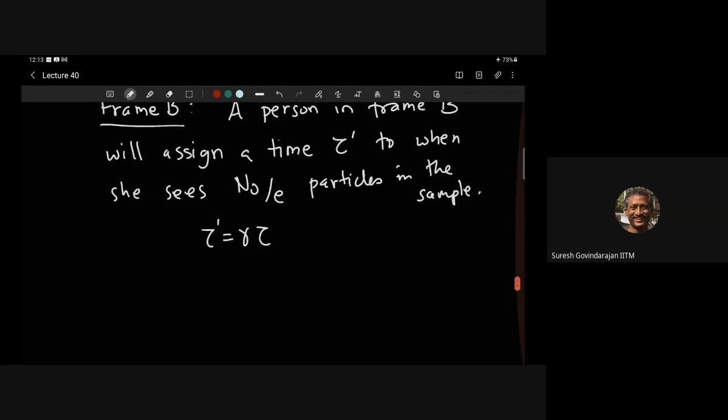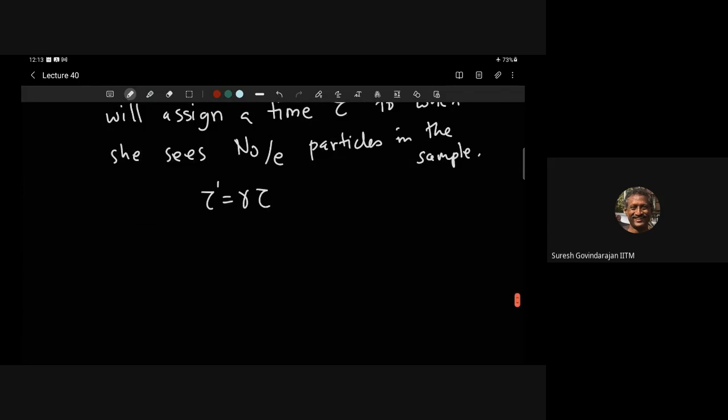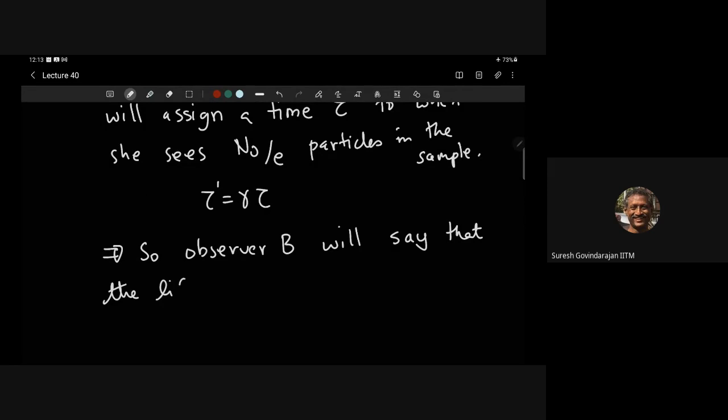So observer B will say that the lifetime of the moving sample is larger by gamma.